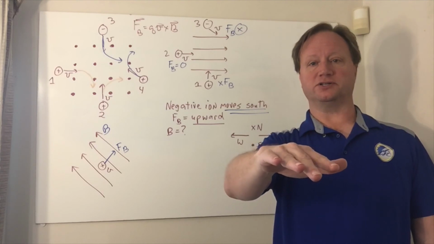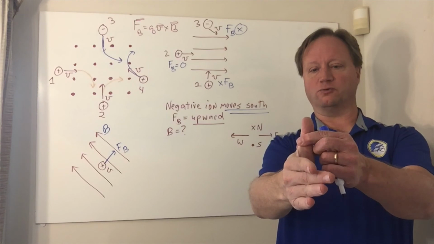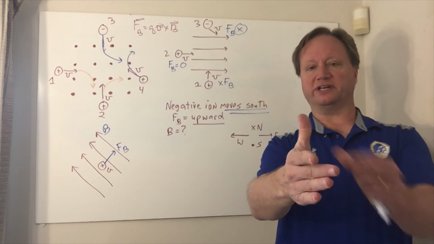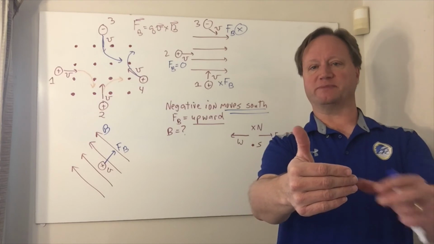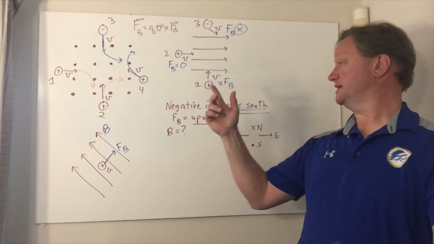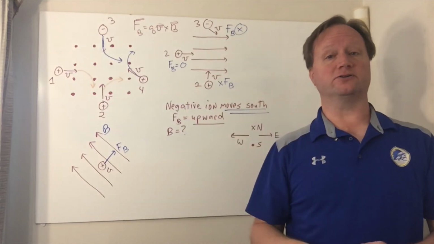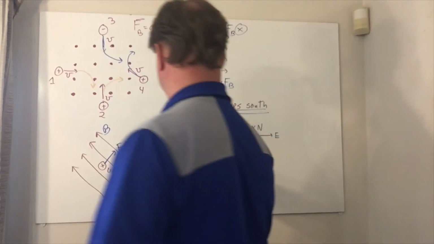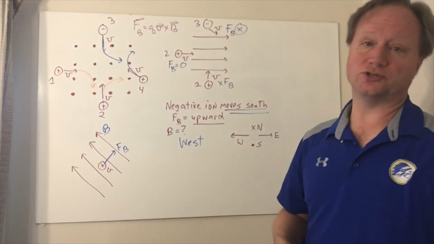So then what I'm going to do is I'm going to rotate my hand. I want the upward force, and so my thumb is pointed upward, so then I would wrap my fingers in the direction of the magnetic field, which would be in the east direction. But it's a negative ion, so once I do this, I need to flip it 180 degrees over, and so my magnetic field would be in a direction to the west.